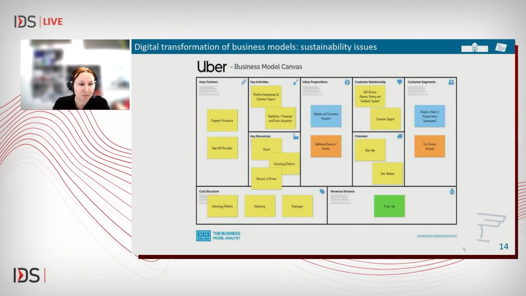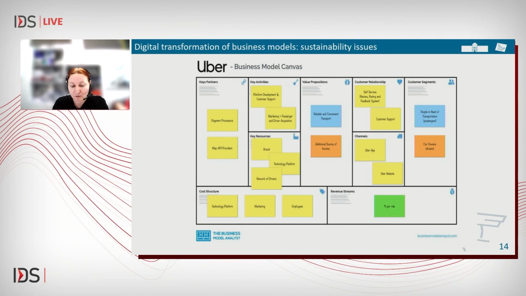In the cost structure, the technology costs increase. Here the cost structure is the technology platform, because we have to maintain and upgrade our platform. Also marketing, which is important to acquire new customers, and employees. At the end, we can say that Uber is a technology platform that has drastically changed urban transportation. So it's part of digital transformation.